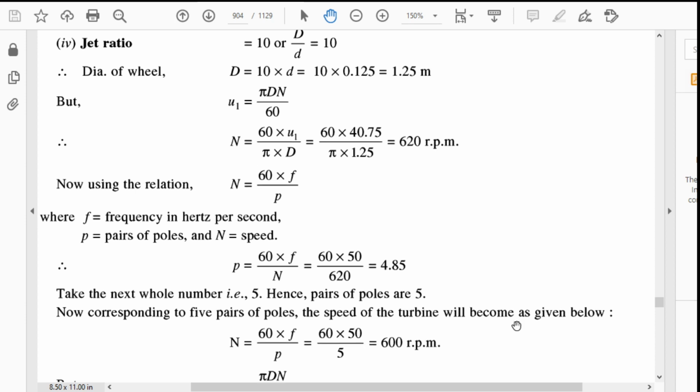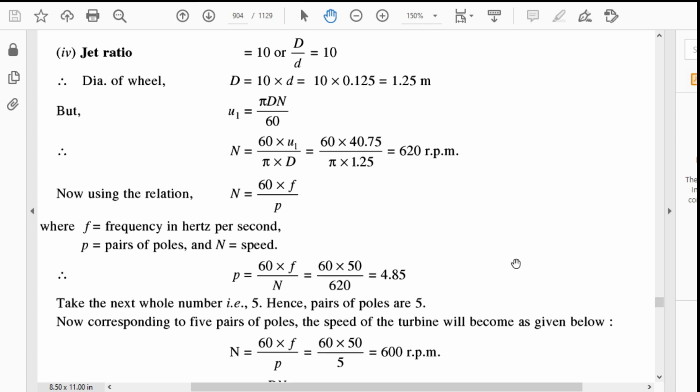Now the jet ratio will be equal to 10, that means D by d equals 10. From this, the diameter of the wheel will be 10 times d, the diameter of jet. The diameter of jet we have calculated, so the diameter of wheel will be 1.25 meters.